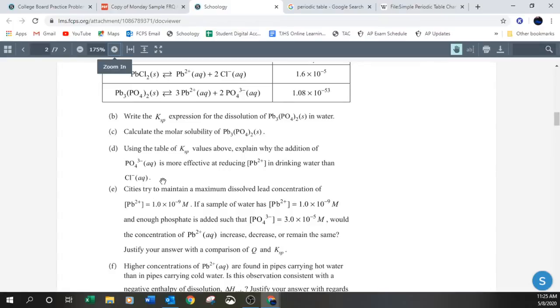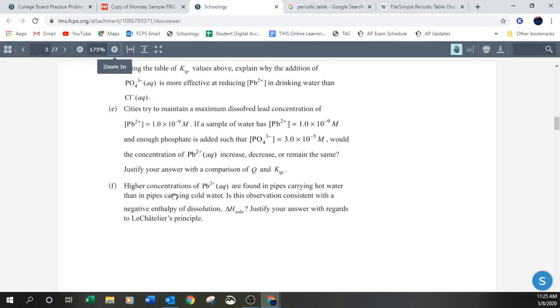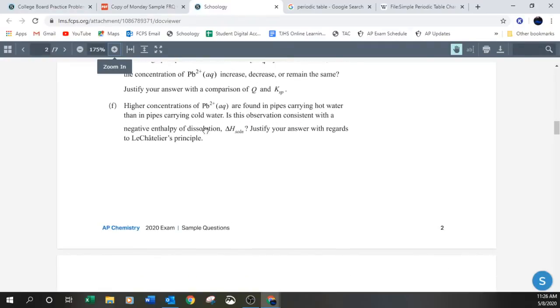Using the KSP value, explain why phosphate is more effective than chlorine. Higher concentrations of lead are found in pipes carrying hot rather than cold. Is this observation consistent with the negative enthalpy of dissolution? All right, so let's see what we can do with that one.